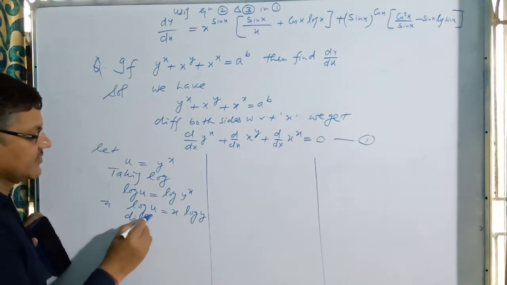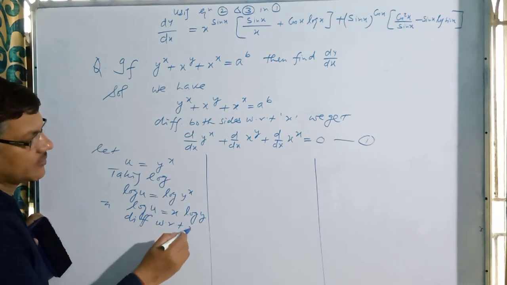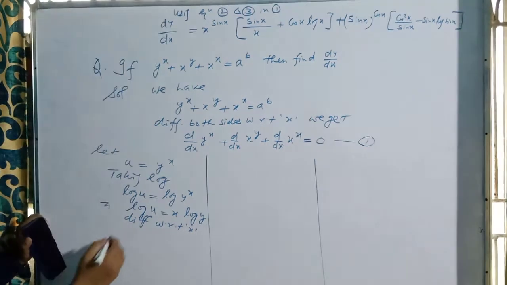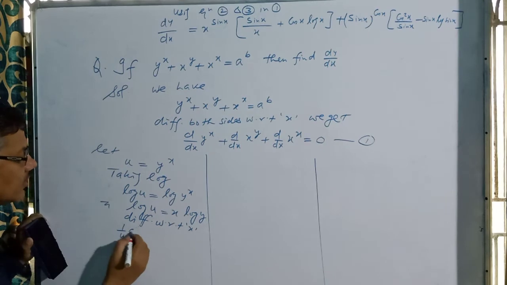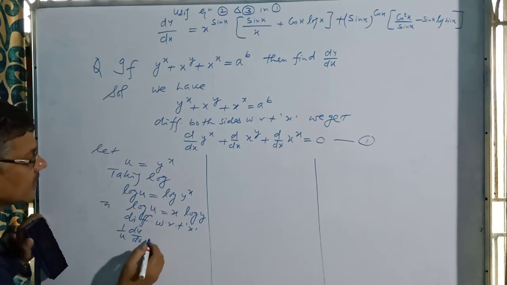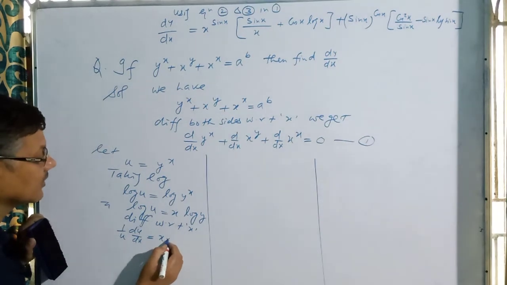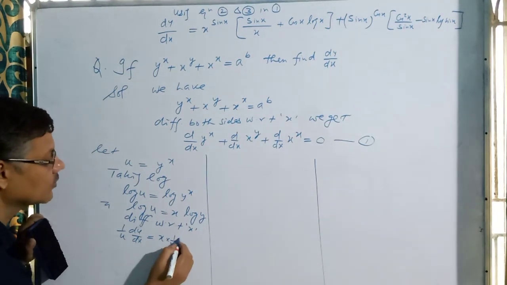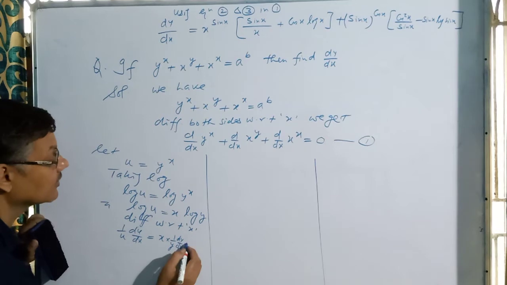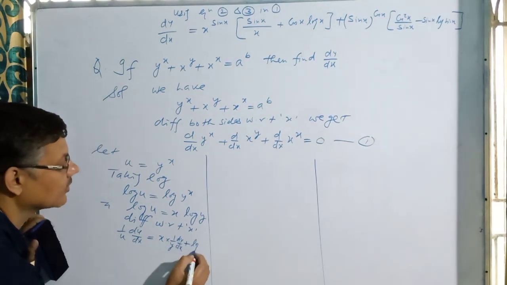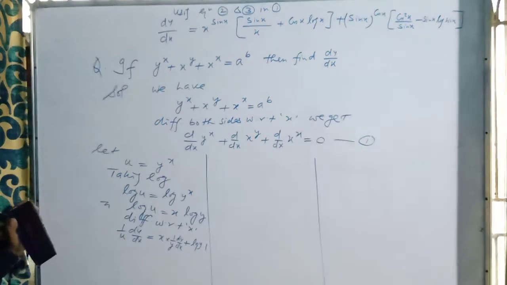Now differentiating with respect to x, what we get? 1 by u du by dx is equal to function number 1 into derivative of function number 2 dy by dx, then plus function number 2 into derivative of function number 1.